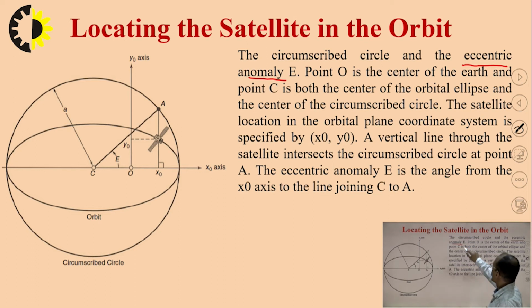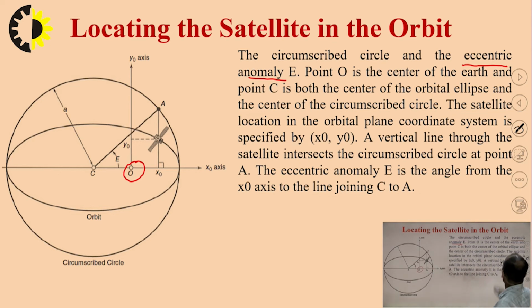So in the circumscribed circle and the eccentric anomaly E, where is the point O? Here is the point O. Point O is the focus of this elliptical path of the satellite.